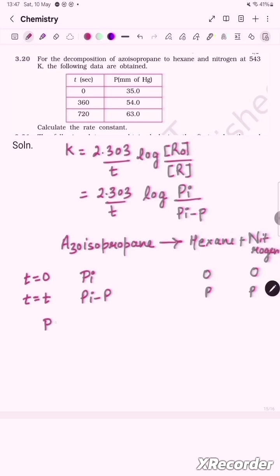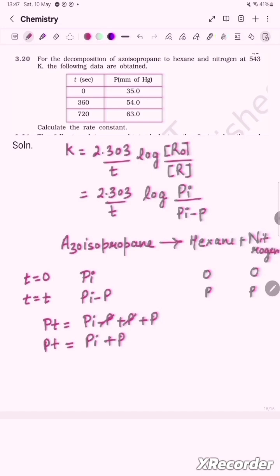Total final pressure Pt is equal to Pi minus P plus P and P. We take all the pressure in the final product, that is P plus P. So the total pressure will be equal to, this P and this P cancel out, and this will become Pi plus P is equal to Pt.